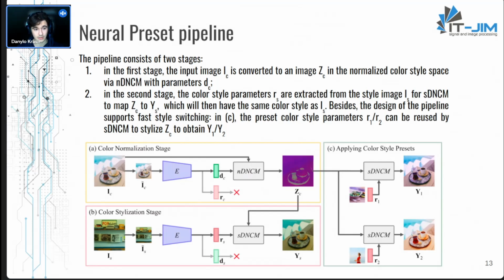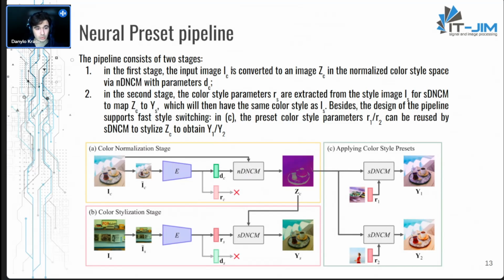As shown on the figure on the slide, the authors modified the encoder E to output parameters D and R, which are applied as the parameters of N-DNCM and S-DNCM respectively.